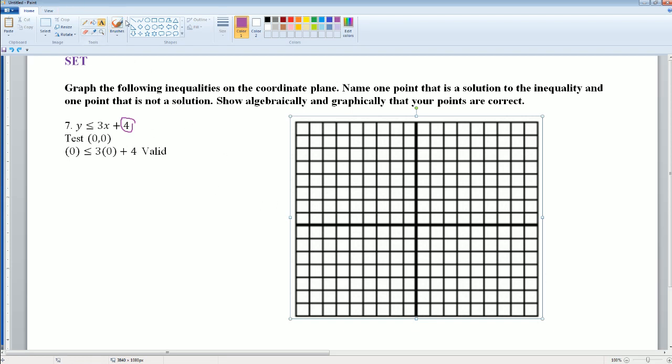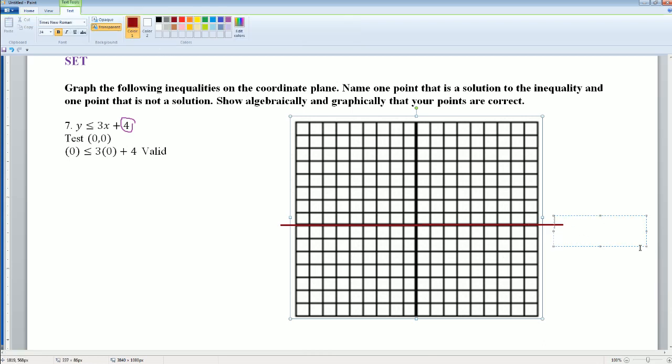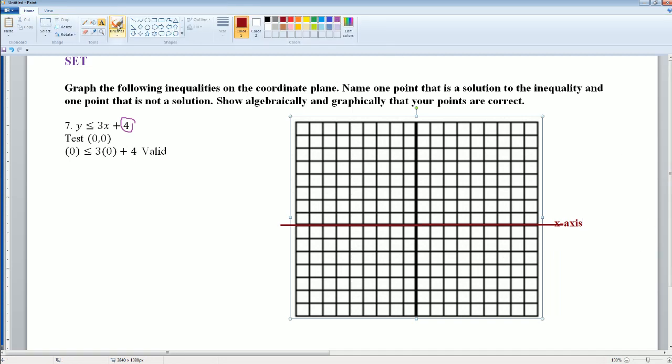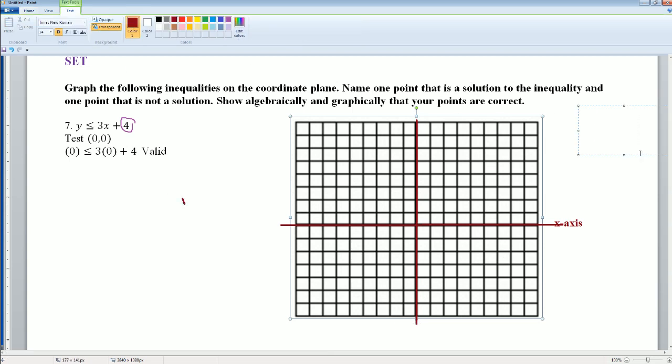Let me just make a bar real quick, because sometimes you can't really see it here. This is your x-axis, and this is your y-axis, just to give you some reference.